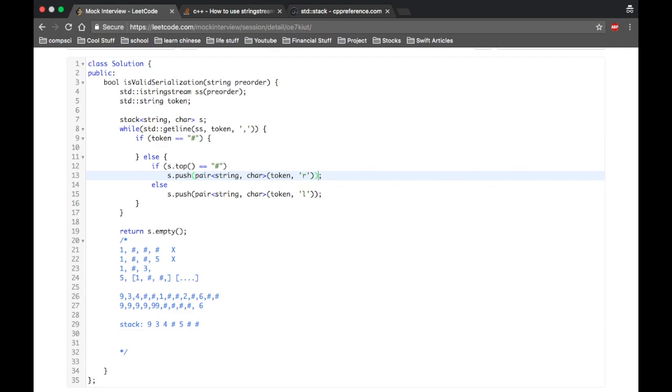Okay, and then after knowing that, if I reach a hash sign, the first one I just ignore.